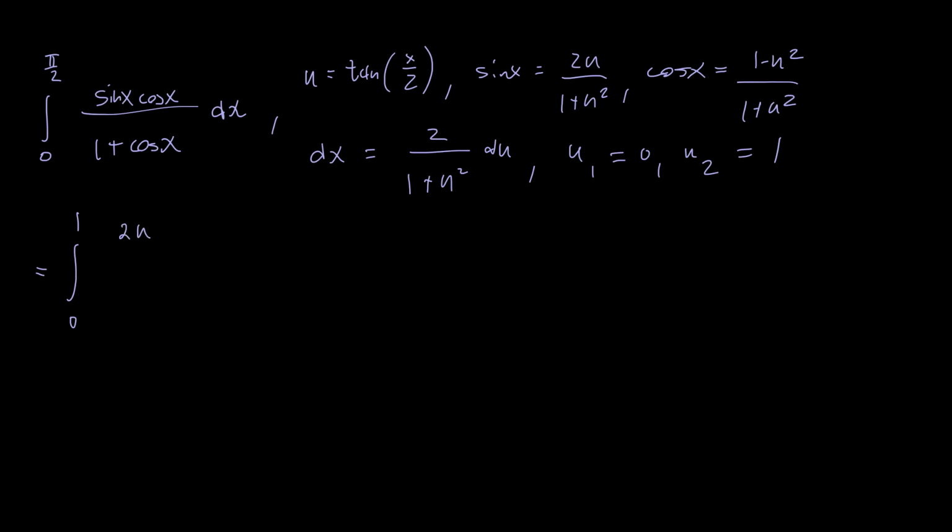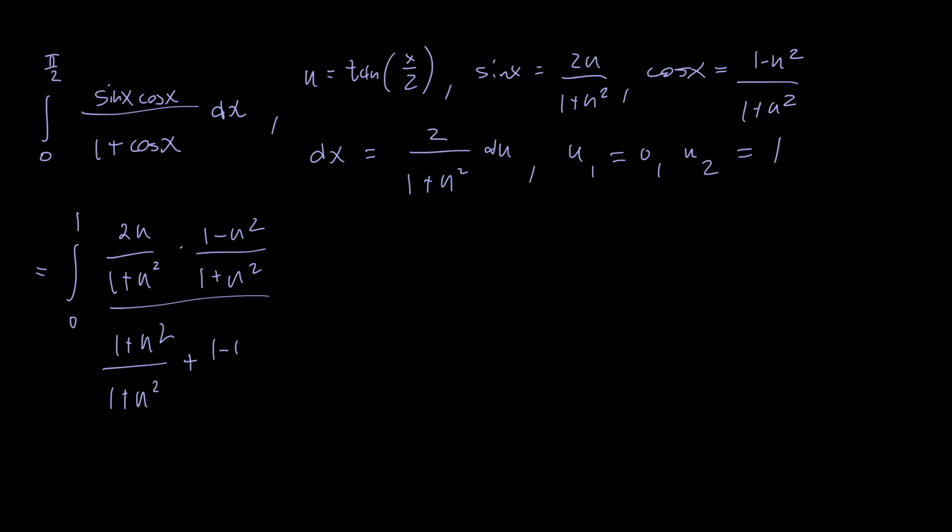of 2u over 1 plus u squared, and then 1 minus u squared over 1 plus u squared divided by, we could write 1 as 1 plus u squared divided by 1 plus u squared plus 1 minus u squared divided by 1 plus u squared, and dx is 2 divided by 1 plus u squared du.